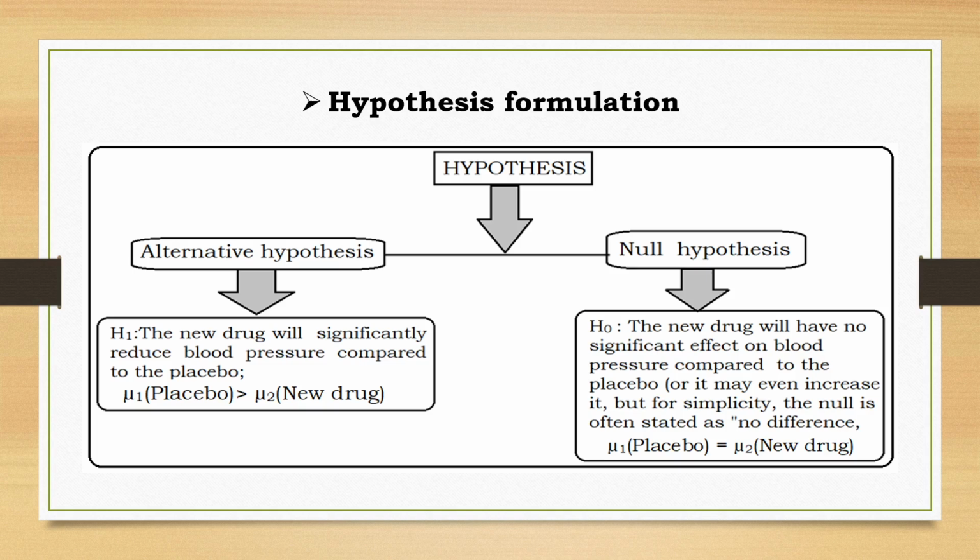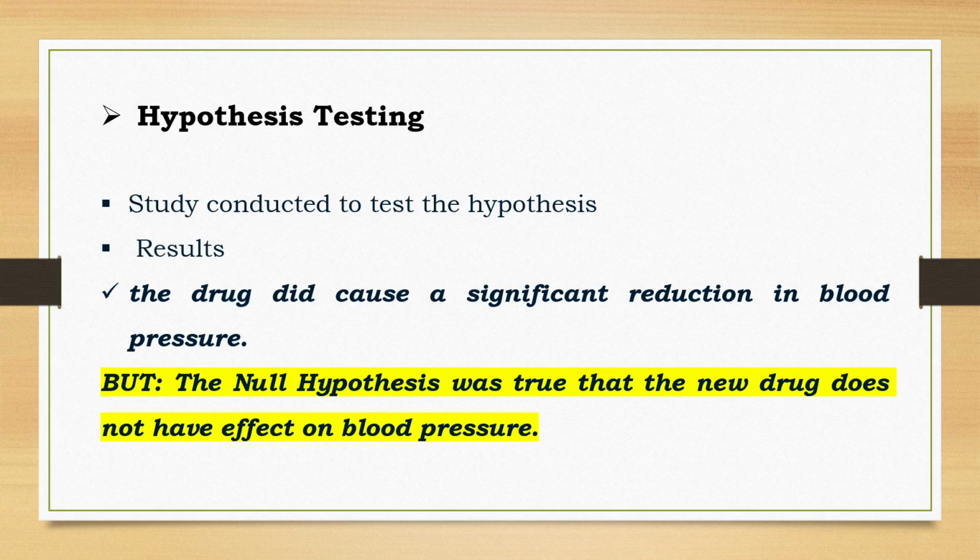However, the alternative hypothesis states that the new drug will significantly reduce blood pressure compared to the placebo, which means that the mean blood pressure of those individuals that took placebo is greater than the mean blood pressure of those individuals that took the new drug, because the purpose of the new drug is to lower blood pressure.